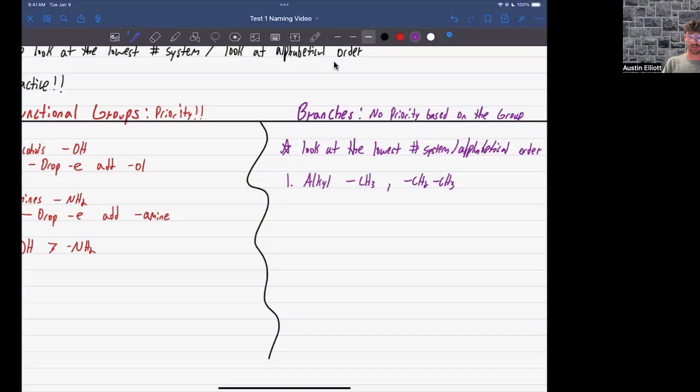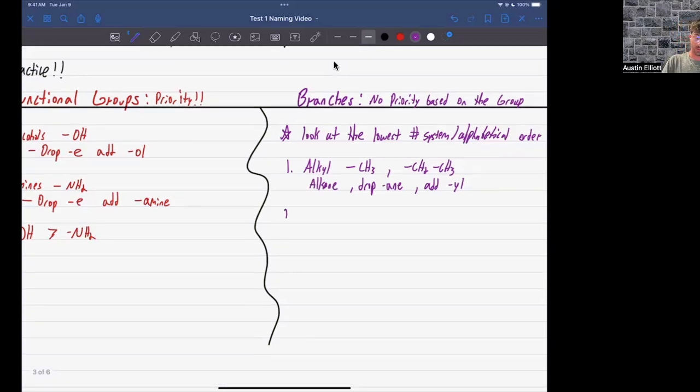And so when naming these, like it says alkyl, alkane is the original name. We're going to drop the A and E, and then add YL. So alkane or methane goes to methyl.